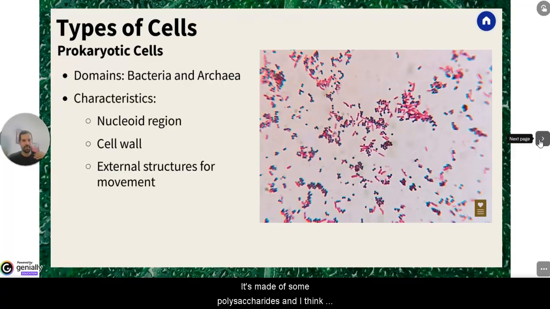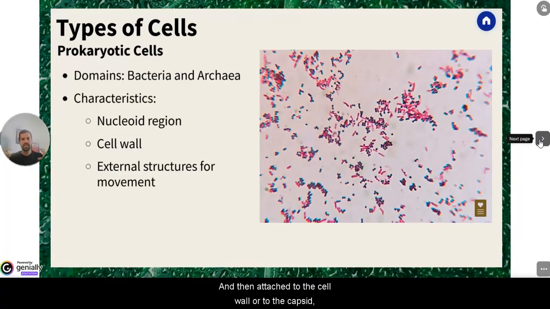It's normally made of some polysaccharides, and I think some other materials, not cellulose, that's in the plants, like we'll talk about. And then a lot of bacteria have a capsid, an additional sort of polysaccharide hard shell outside of the cell membrane and the cell wall.